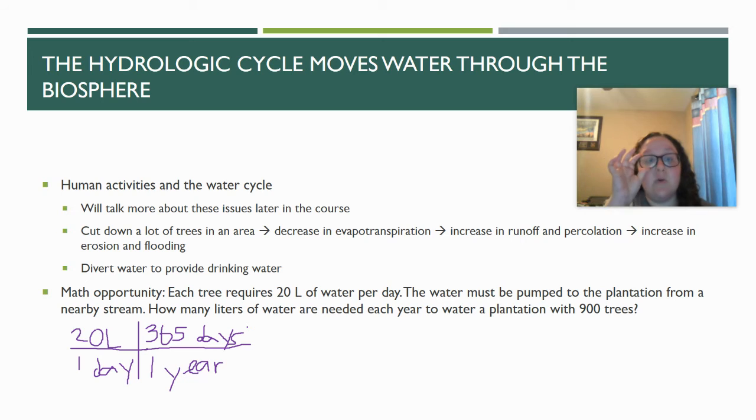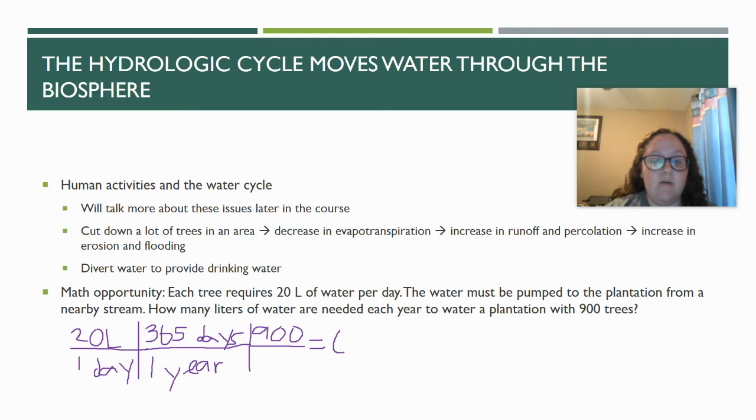But if I were to multiply this out, this would give me how many liters per year are needed for one tree. But in this case, I have 900 trees. So I'm going to multiply by 900 trees, which will give me, I'm going to write in scientific notation because writing out all these zeros would take forever.